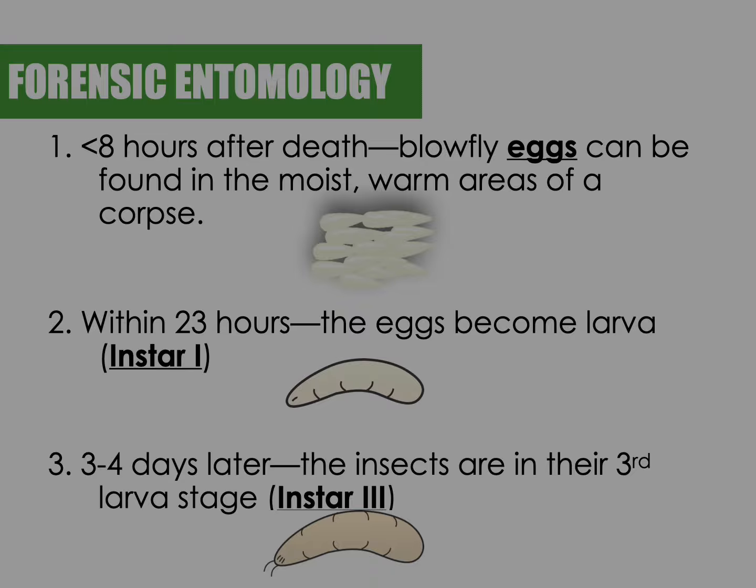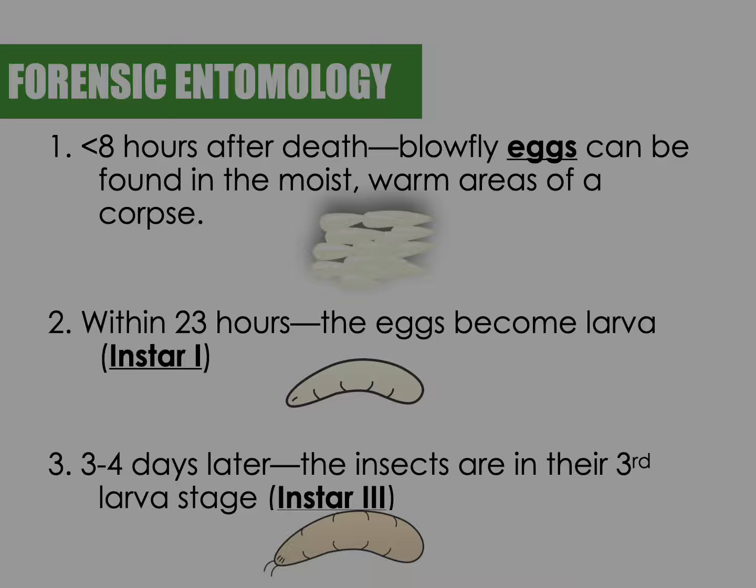You would need a magnifying glass or a microscope to be able to tell that they actually are eggs, because they're very, very small. You can see that they're there without the aid of a microscope, but you can't necessarily tell that they are eggs until you get up really close and with magnification. Within 23 hours of being laid, those eggs become larvae, which is instar 1.